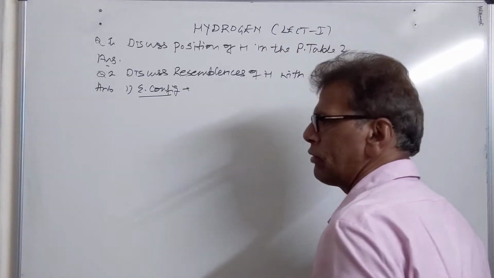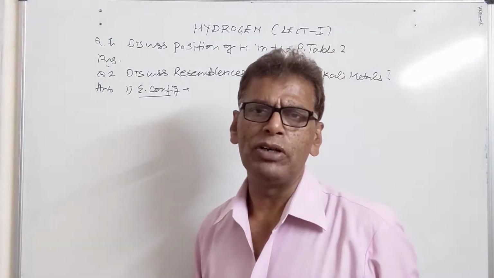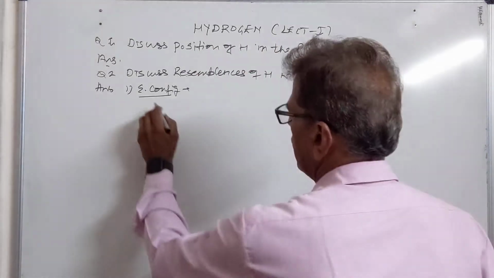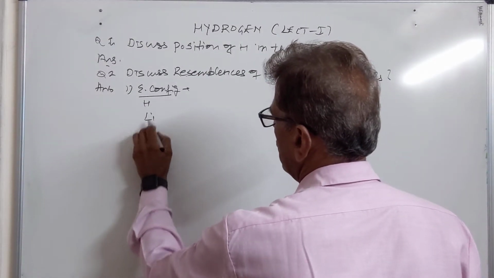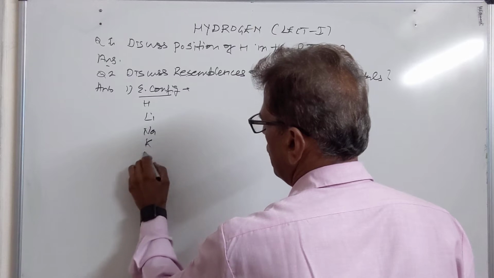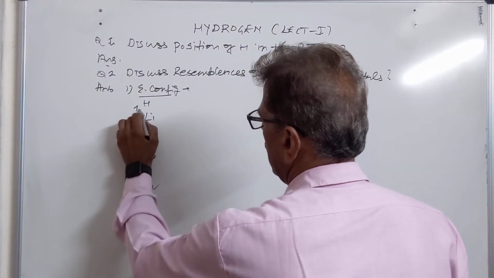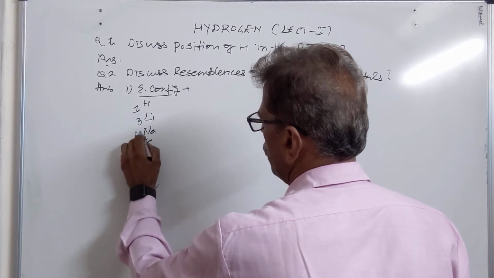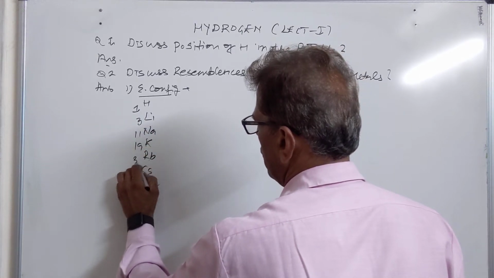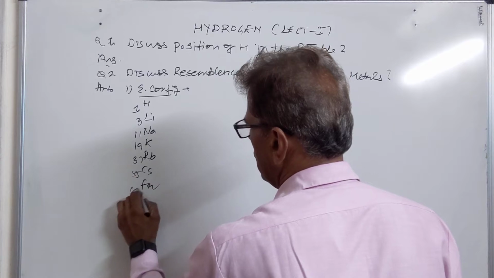If we write the electronic configuration of all the members of the first group, that is hydrogen, lithium, sodium, potassium, rubidium, caesium, francium: hydrogen has atomic number 1, lithium 3, sodium 11, 19, 37, 55, 87.